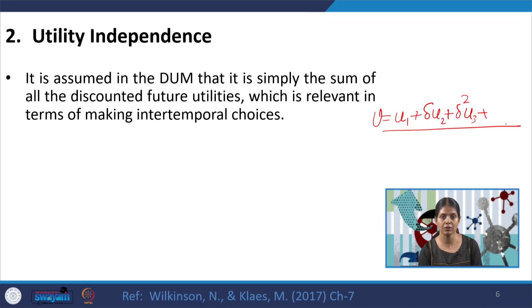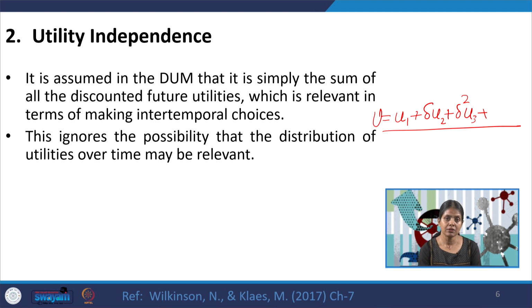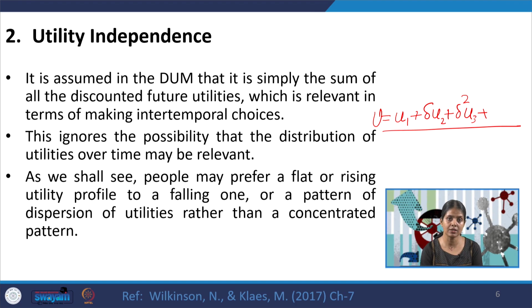So, the sum of the whole future stream of discounted utilities. This ignores the possibility that the distribution of utilities over time may be relevant. As we shall see, people may prefer a flat or rising utility profile to a falling one, or a pattern of dispersion of utilities rather than a concentrated pattern. So, basically how I am expecting the flow of utility in the future might have a particular distribution, that the DUM does not talk about.